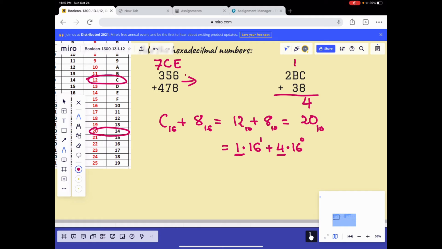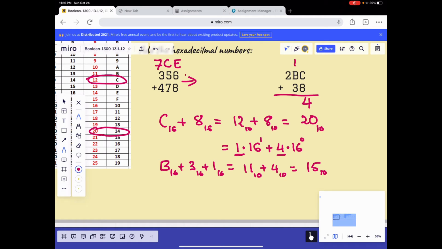Now I add the second column. So B, which is B 16, plus 3, and plus 1 carry over. B is equal to 11, so I put down 11 plus 3 plus 1, and that equals 15 decimal.